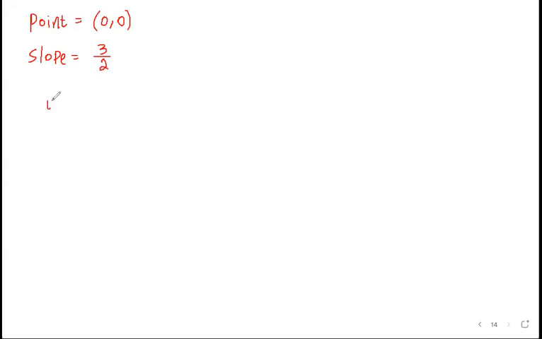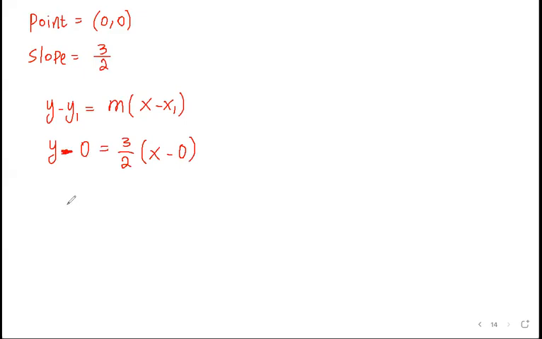Now use the formula, y minus y1 equals m times x minus x1. So y minus, what is y1? It is 0, equal to the slope 3 over 2 times x minus x1, which is 0.